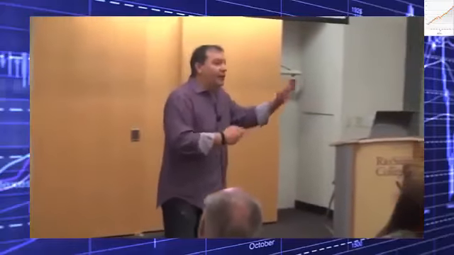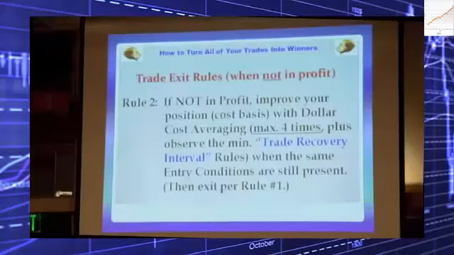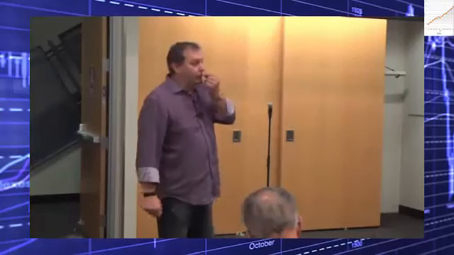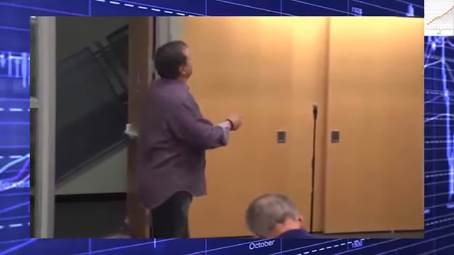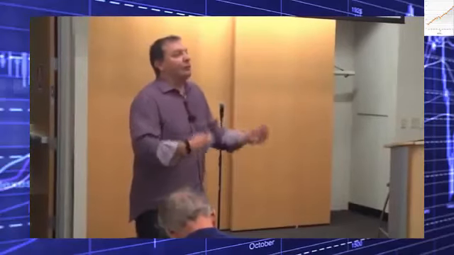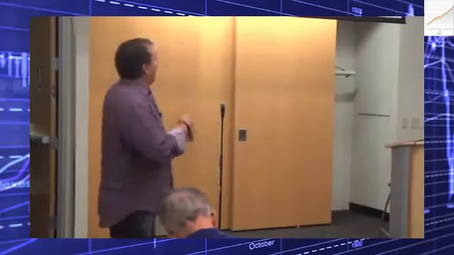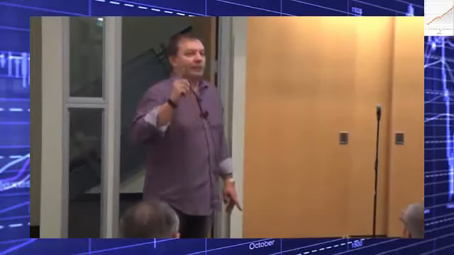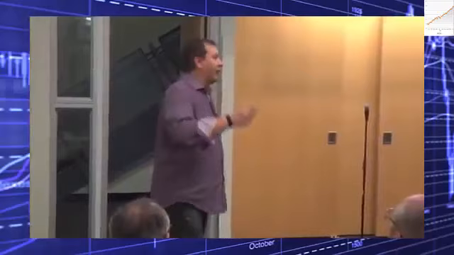And if the market doesn't necessarily go with you right there and then, as long as the same entry conditions are still in place, that is step number 1 and step number 2, you can enter as many as 4 more times. And that will improve your cost basis. And then, when you're in profit, the bar changes color.